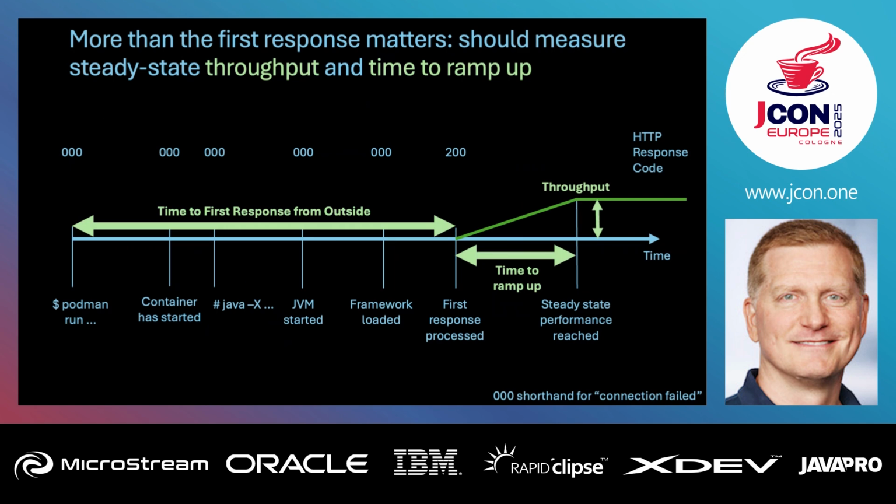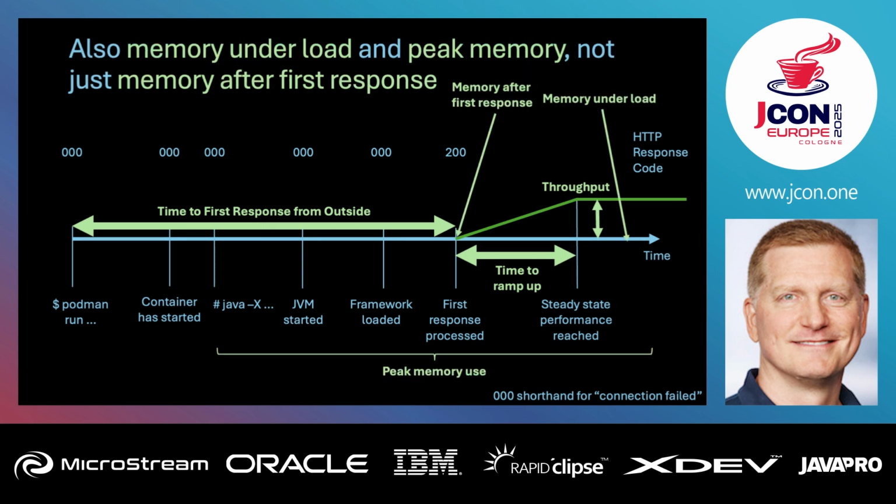But first response isn't the only thing we should care about. We should probably also care about throughput, right? Like how much performance are you actually getting? How much time does it take to ramp up, right? The longer it takes to ramp up, probably the worse. You'd like it to ramp up very quickly, so you're getting high performance very quickly. And it's also important to know how much memory is being consumed, because especially if we're deploying these things into cloud resources, the things that cost money are cores, meaning how much performance you need to handle your workloads, and memory.